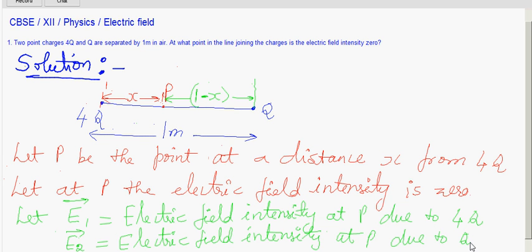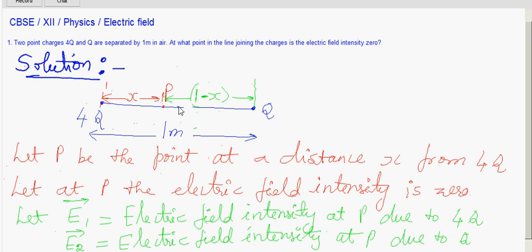Now let us mark the direction of E1 and E2. We know for a positive charge, the electric field is directed away from the charge. So E1 will be going away from 4q.